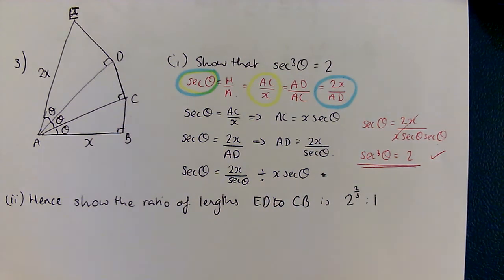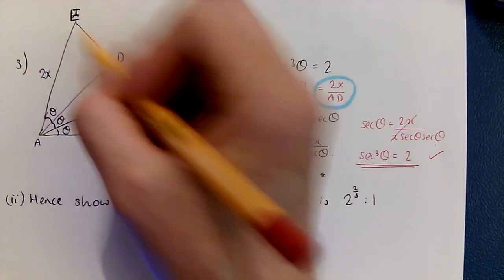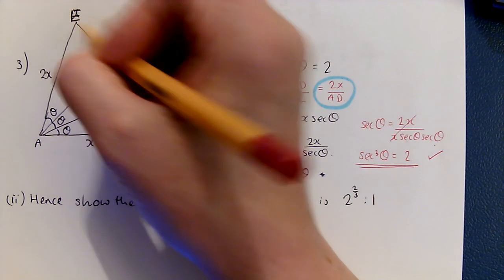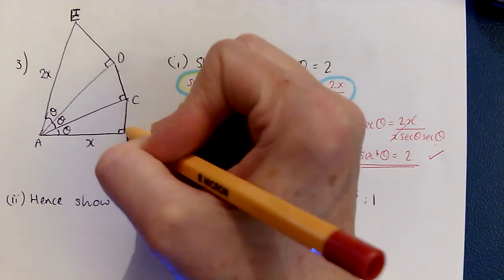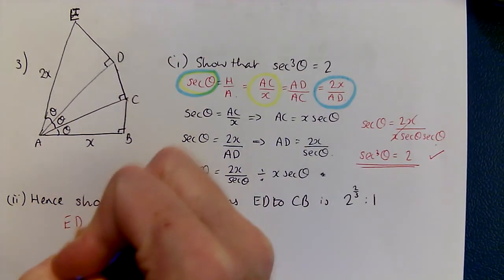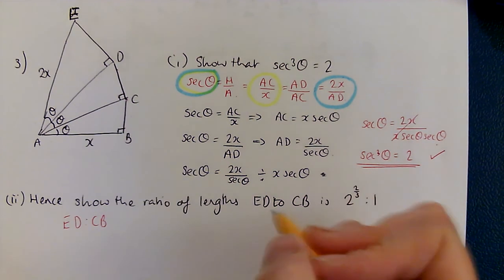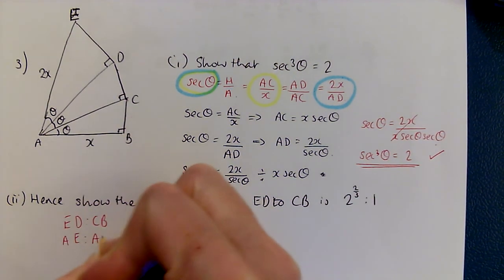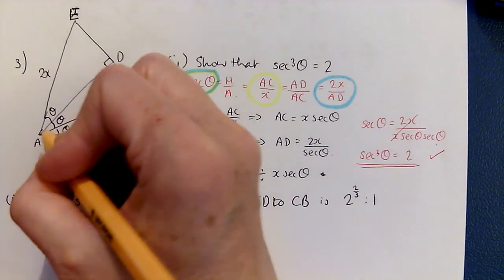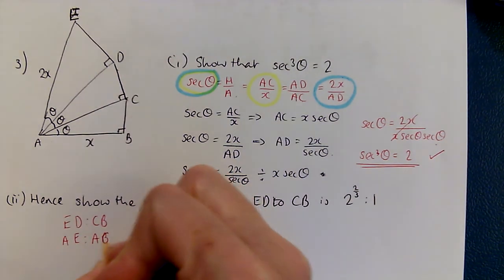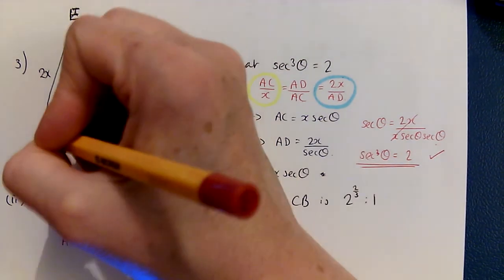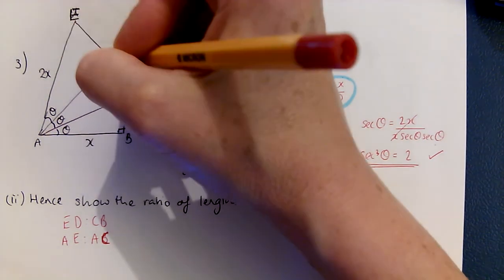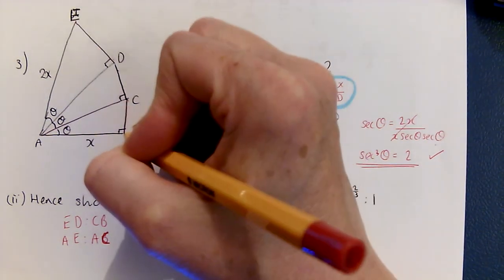That seems a bit weird, but we know these are similar triangles. So that means the ratio ED to CB has got to be the same as the ratio AE to AC. So these equivalent sides are in the same ratio as these equivalent sides.